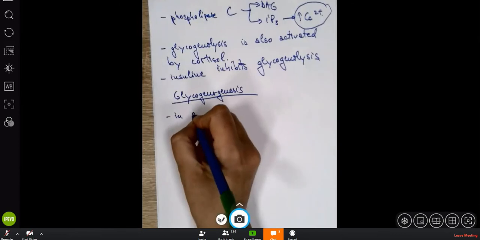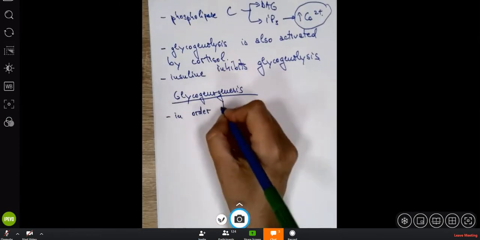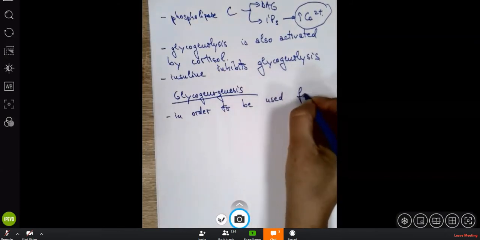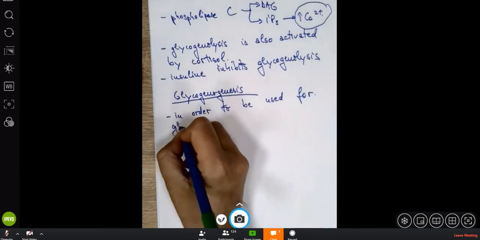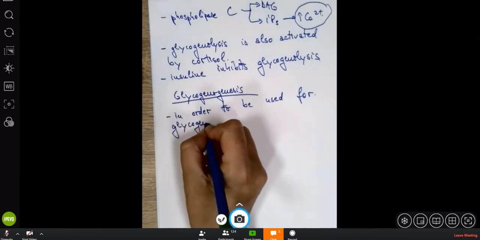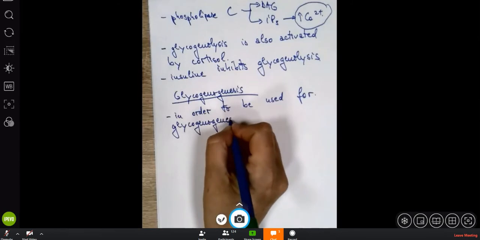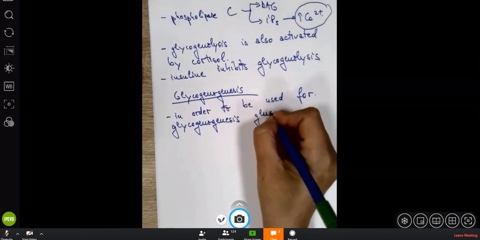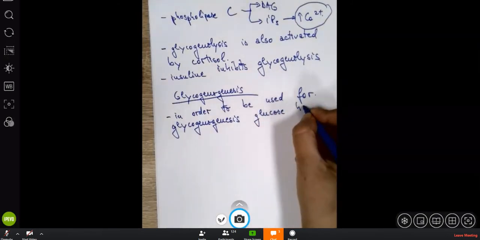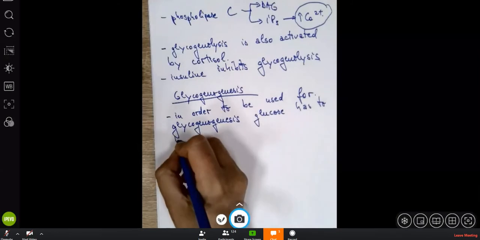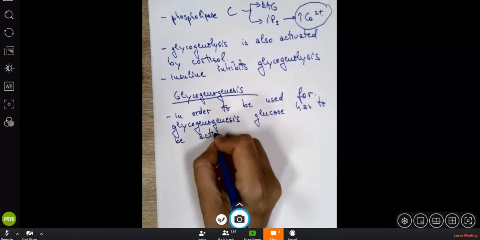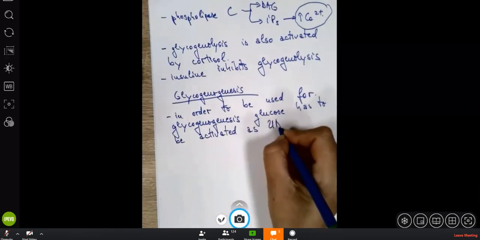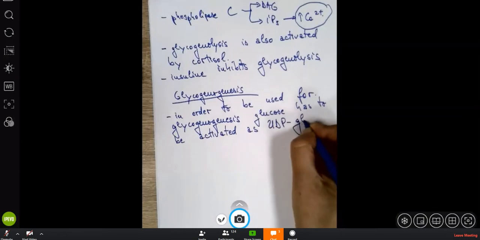In order to be used for glycogenogenesis, glucose has to be activated as UDP glucose.